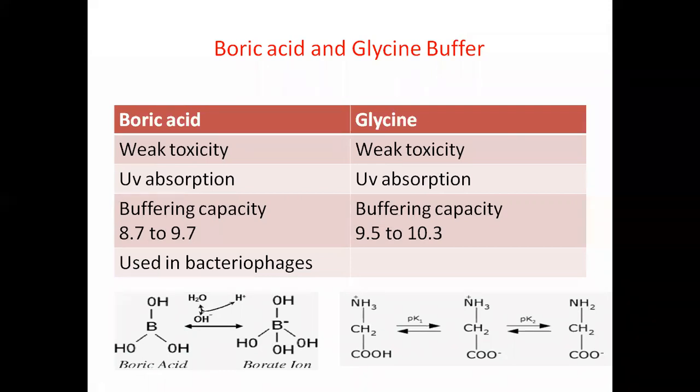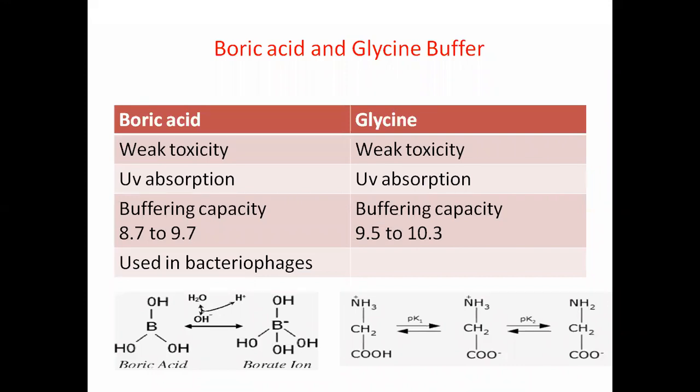The boric acid buffer and the glycine buffer: boric acid buffer is with least toxicity, and the glycine buffer is also with the least toxicity. And both the buffers show UV absorption, but they differ in the buffering range.